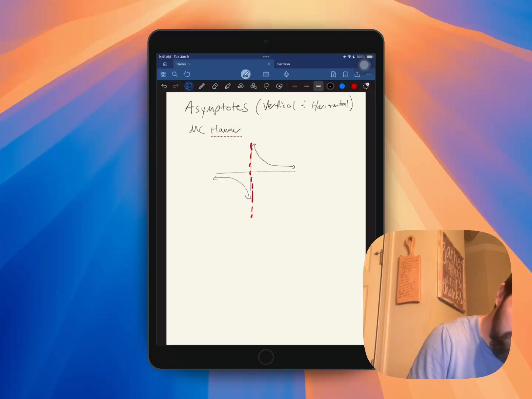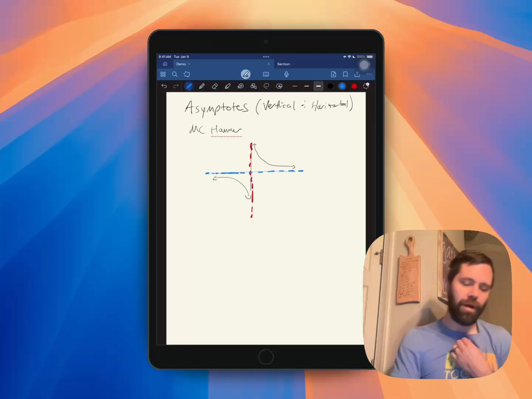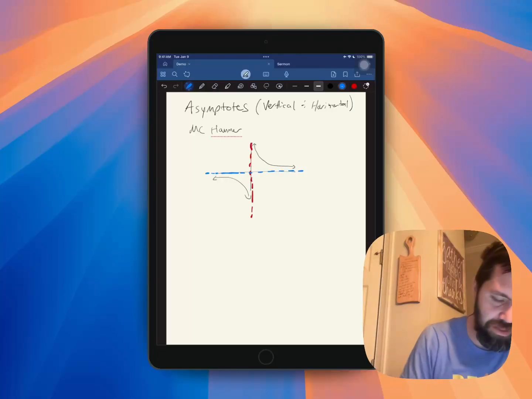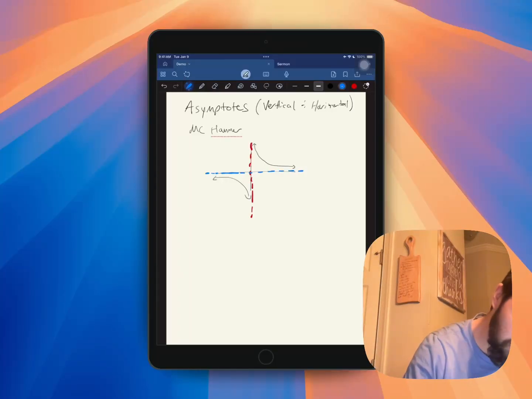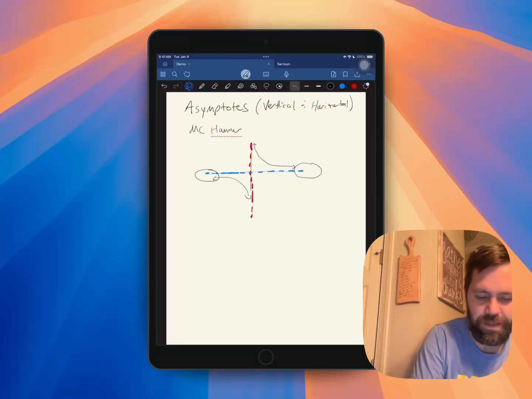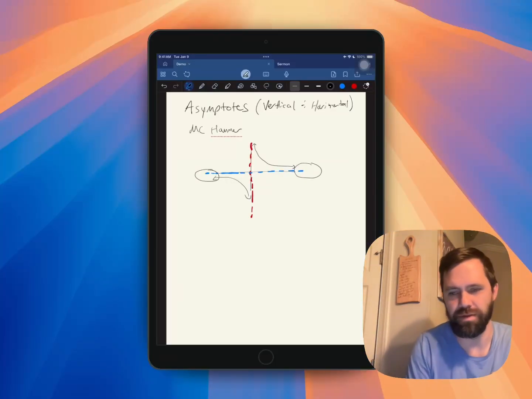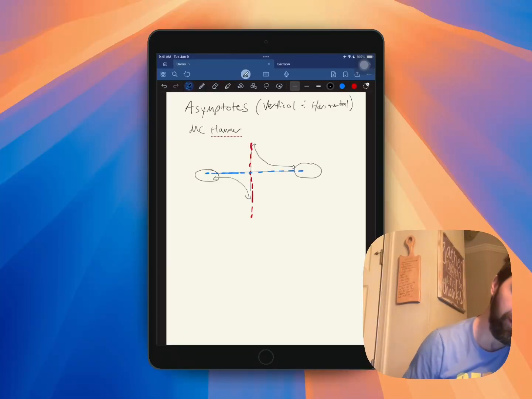But there are horizontal asymptotes as well, and that's like this one. The weird thing about horizontal asymptotes is that they are mostly talking about the tail behavior of the graph. In the middle, you can actually touch it. So it's kind of like a pseudo MC Hammer.